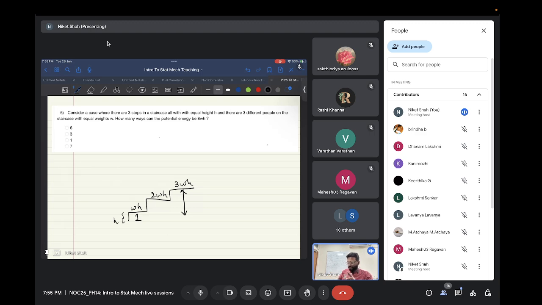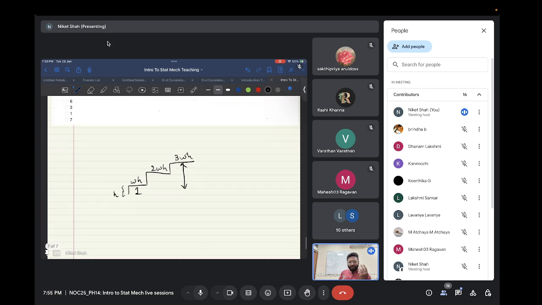How many values can the potential energy be? 8WH. Okay. Right, so what can we do here? We want the potential energy to be 8WH. How can we do this? The first step is WH, second is 2WH, 3WH. We have only three people to place.